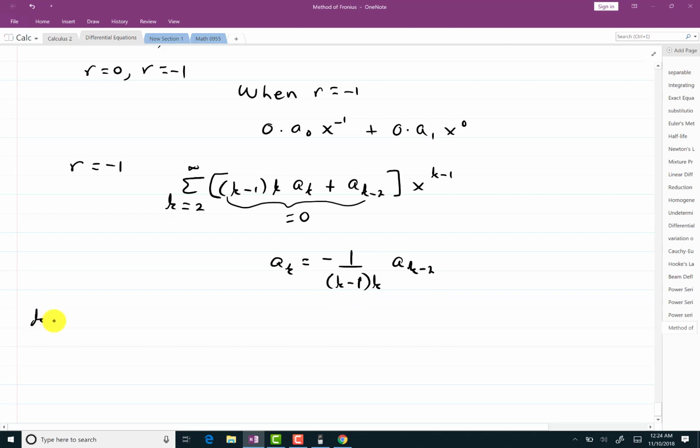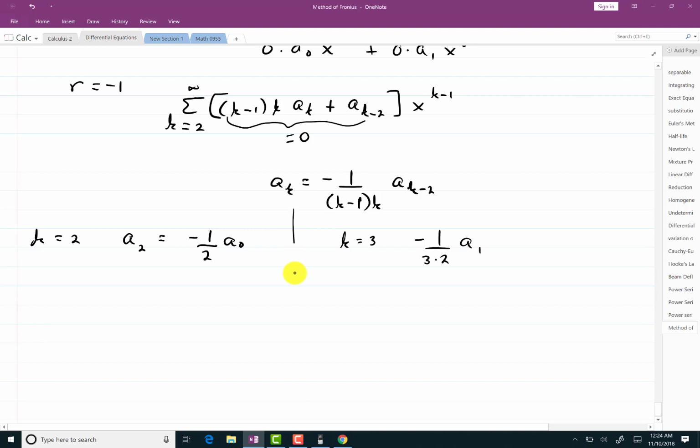When k equals 2, a sub 2 equals negative 1 over 2 a sub 0. But then check this out. When k equals 3, I have negative 1 over 3 times 2 a sub 1. Now these two things are going to generate two independent series, where on the right I'll take care of the odds and on the left I'll take care of the evens, and these will all be attached to x to the negative 1.